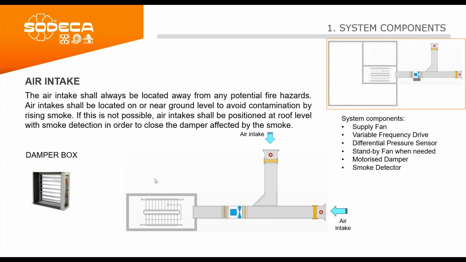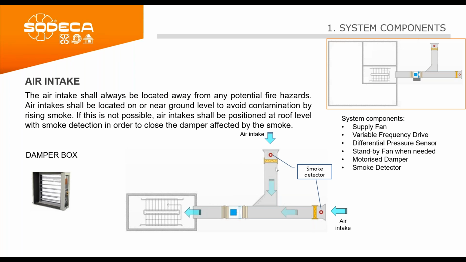It means that if we install the air intake at the roof level, we need at least 2 different air intakes with a motorized damper and a smoke detector at every air intake.